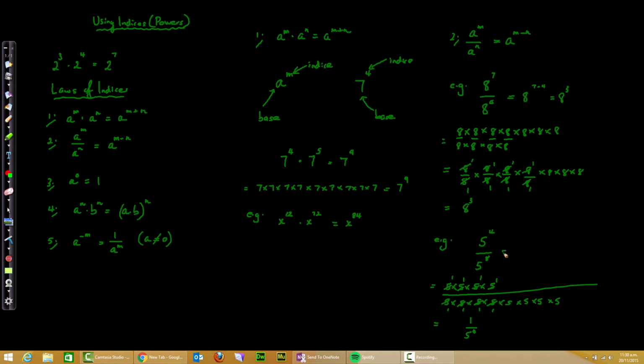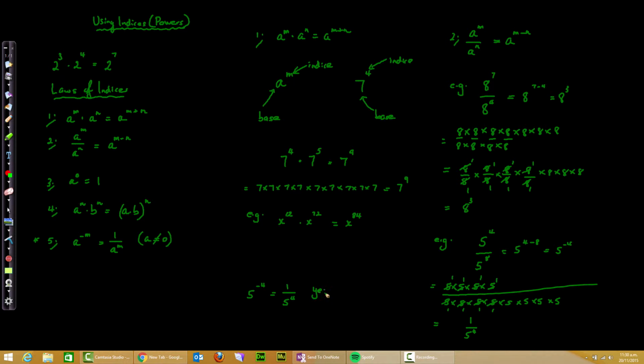Okay, you may think, well, that doesn't work because you need to subtract the top power minus the bottom one. 4 minus 8, that's 5 to the power of negative 4. And that's absolutely true. So that helps to bring us to this rule number 5 here. Does that 5 to the power of negative 4 mean the same as 1 over 5 to the power of 4?